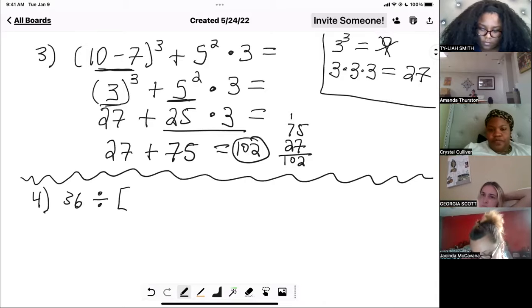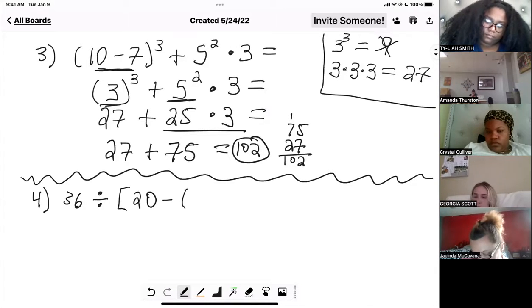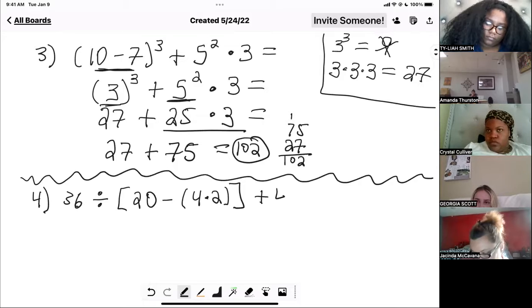A bracket is a special kind of parentheses. 36 divided by [20 minus 4 times 2] plus 4 cubed, or 4 to the third power, minus 6. See how there's a parentheses on the inside, and then the bracket is a parentheses on the outside.